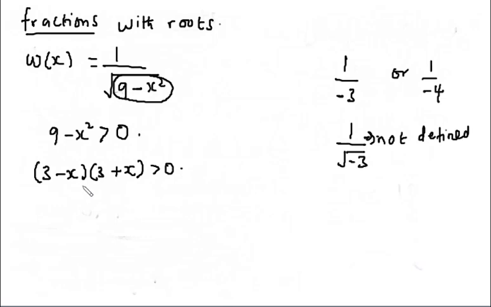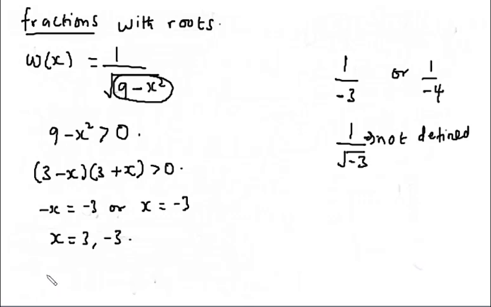So we need to get points that we need to use on our number line. For the first point, we pick the first bracket, and then negative x is equal to negative 3, or x is equal to 3. So this means that x is equal to 3 or negative 3.